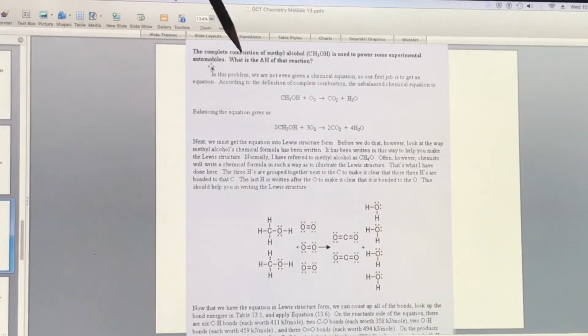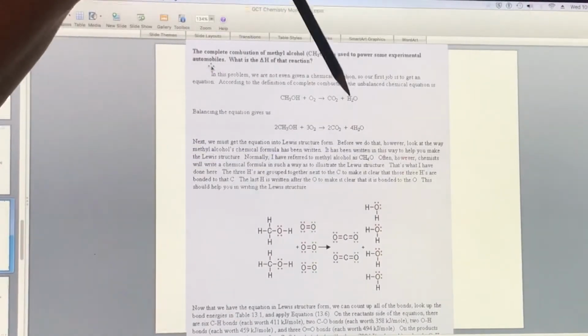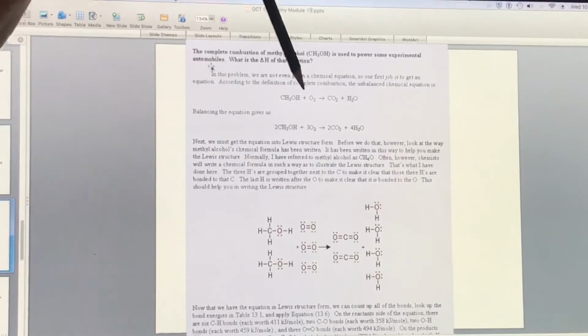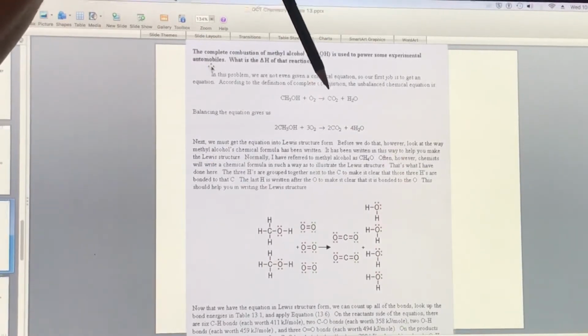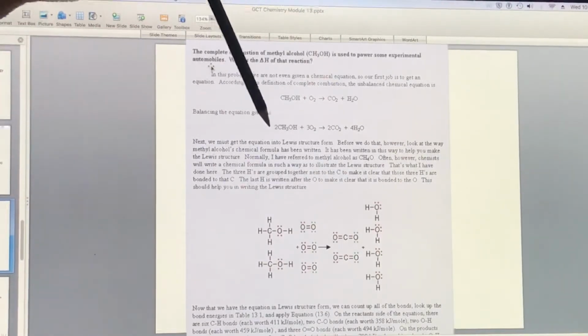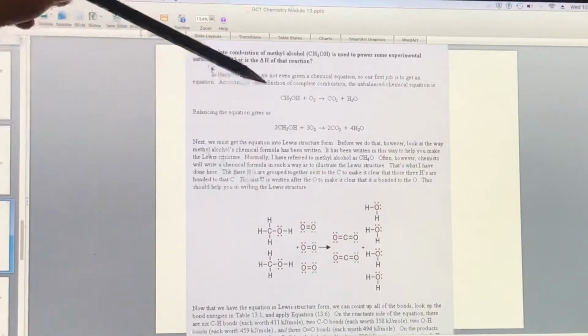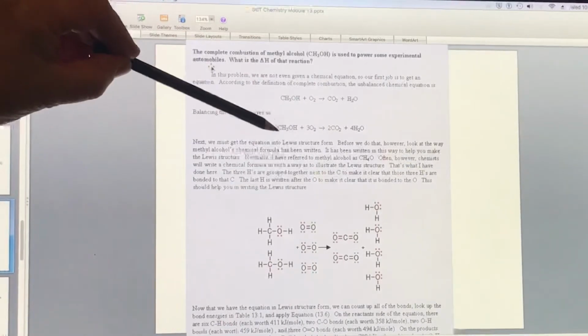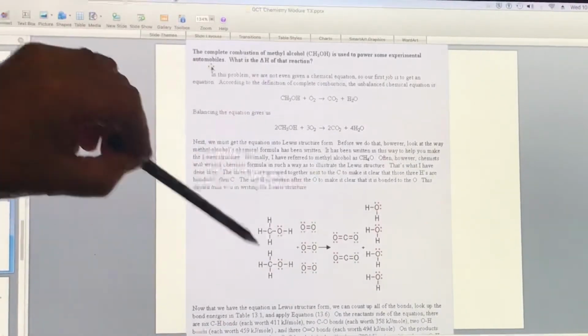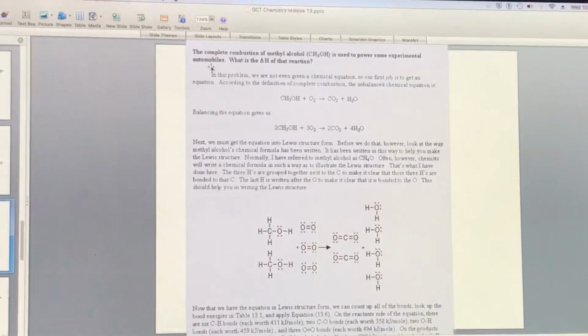So first we create the equation. Again, this is a combustion, so it's reacting with oxygen, and our products would be carbon dioxide and water. Then the equation needs to be balanced, so we've added in the proper stoichiometric coefficients. And then you can create the Lewis dot diagram based on this equation.